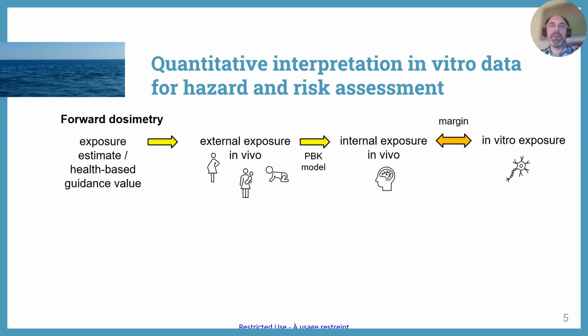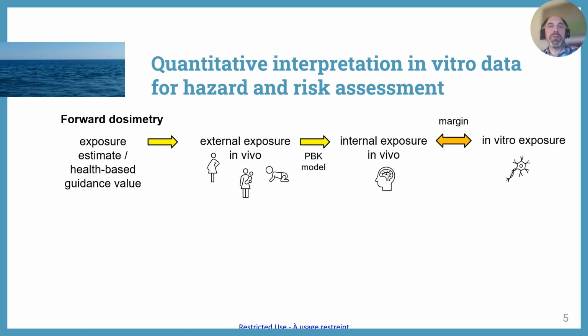QIVIVE allows a quantitative interpretation of in vitro data for the hazard and risk assessment of chemicals. To do so, both a forward dosimetry and a reverse dosimetry approach can be used. When using a forward dosimetry approach, the starting point is an external in vivo exposure, which can be a given exposure estimate or a health-based guidance value.